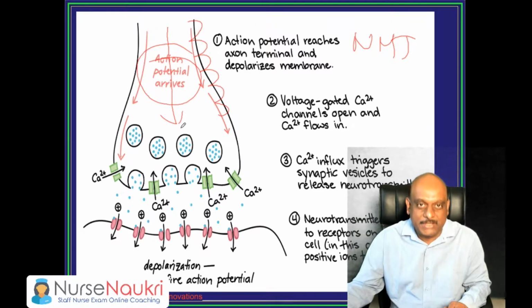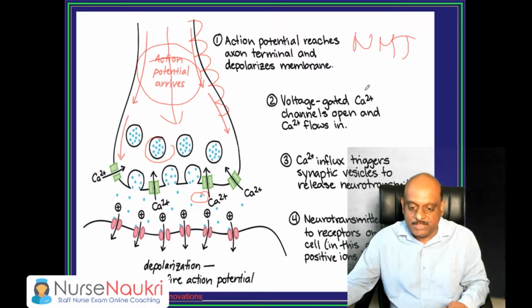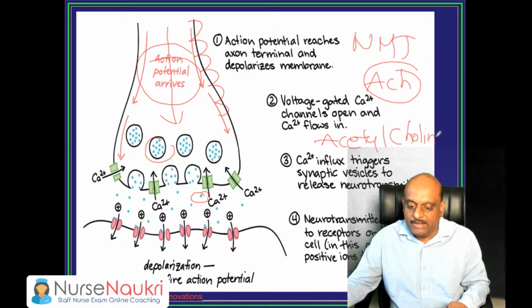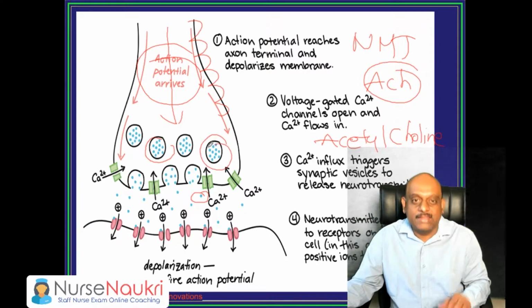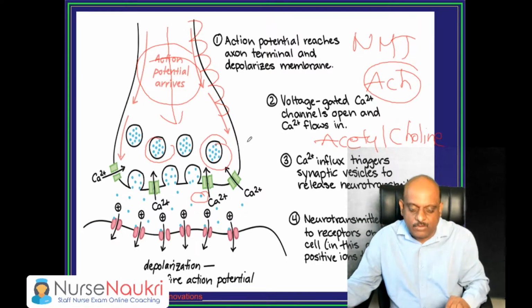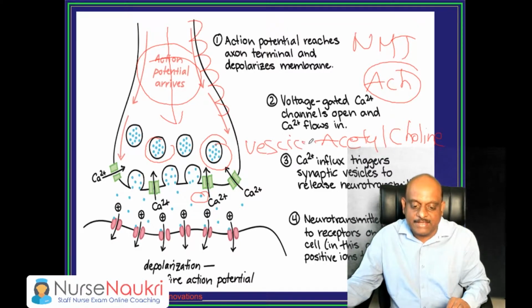When the action potential comes, there are certain neurotransmitters, especially acetylcholine. Acetylcholine is the neurotransmitter. It is staying inside these small bags, they are called vesicles. So from these vesicles, this neurotransmitter, acetylcholine, gets released.